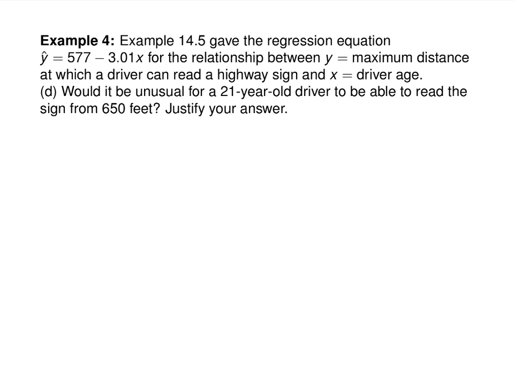Part D: is this 21-year-old special? Yes. So is it unusual for them to read the sign from 650 feet? Yes, because it's close to 3 standard deviations away. Really, it's in the top 2.5%. Does that make sense? Exactly.